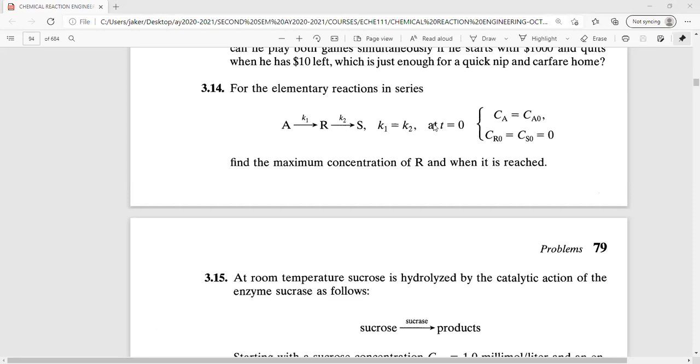Okay, so we will go to our whiteboard. For 3.14, you're given a series reaction with these rate constants, and k1 and k2 are said to be equal.